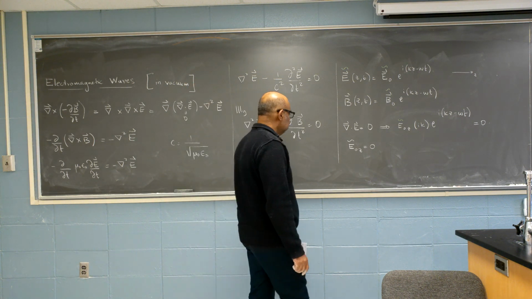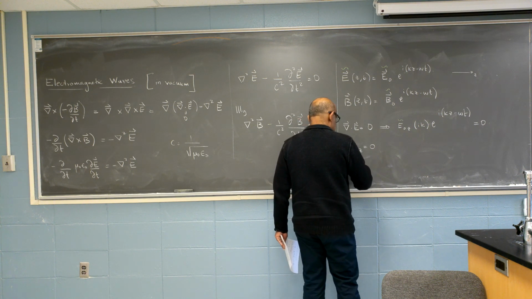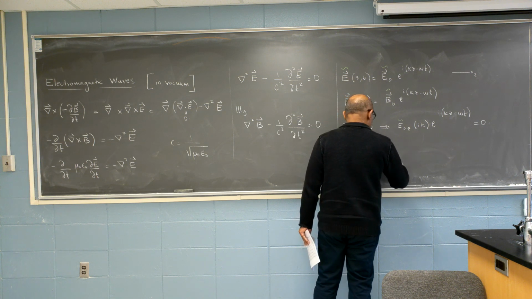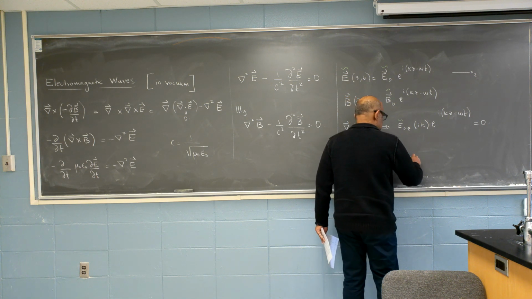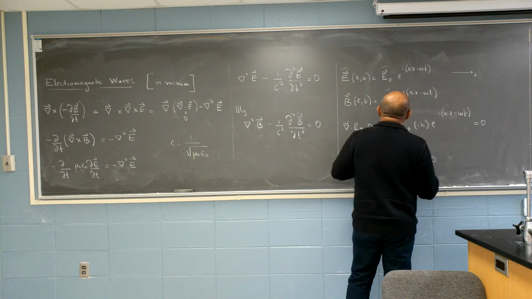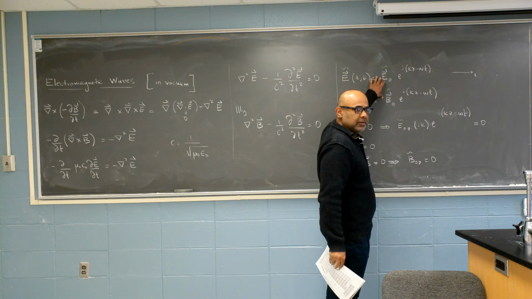Fine. Well, similarly, divergence of B equal to 0 will imply B0z is 0. So these two vectors do not have a z component. What does that mean?